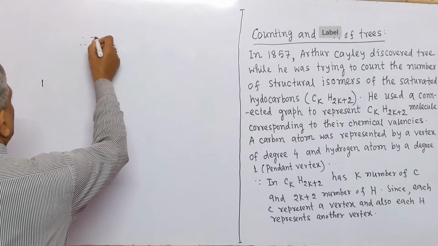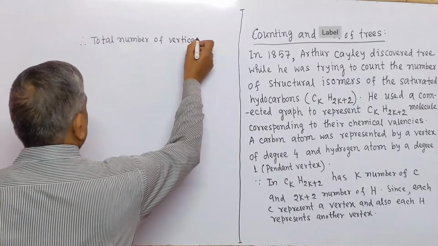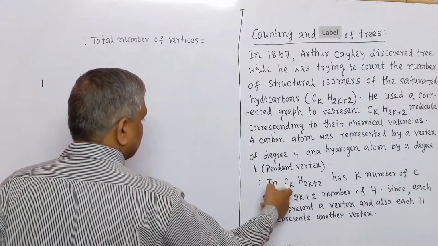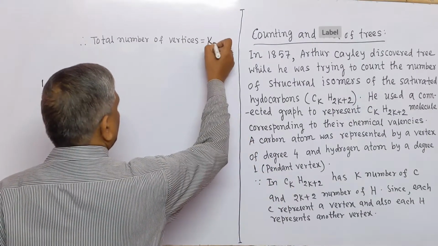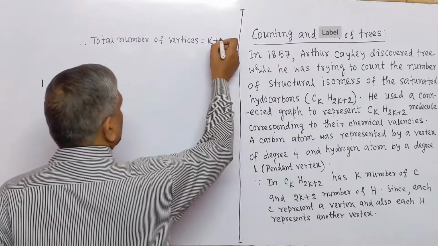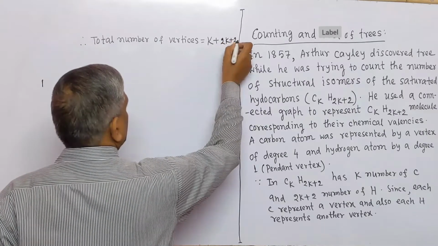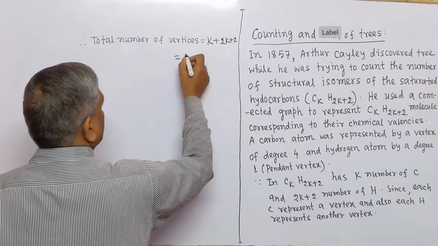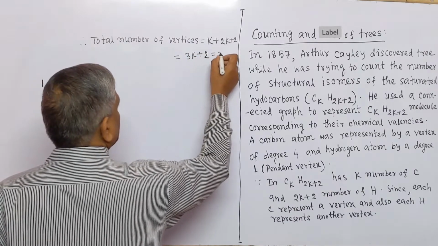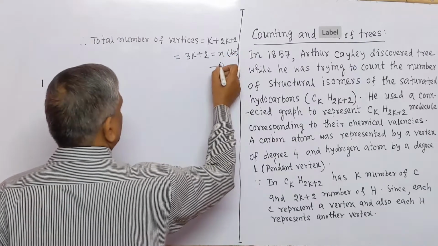Therefore, total number of vertices equal to k for C plus 2k plus 2 for H, that is equal to 3k plus 2. Let this be n. Let this be number 1.